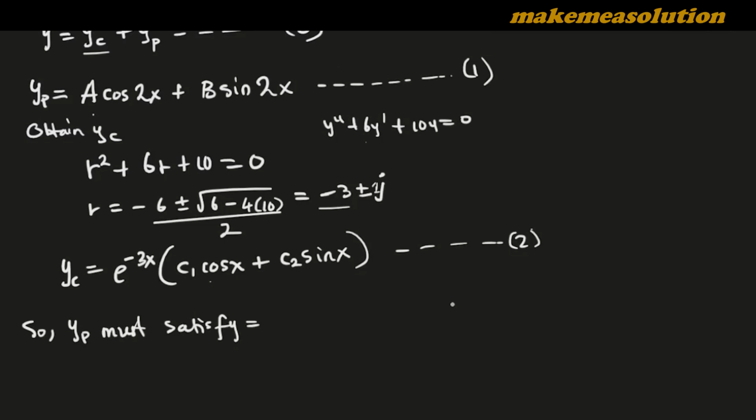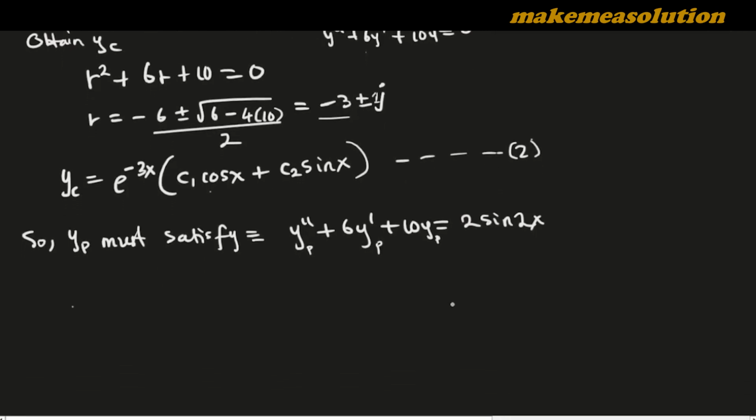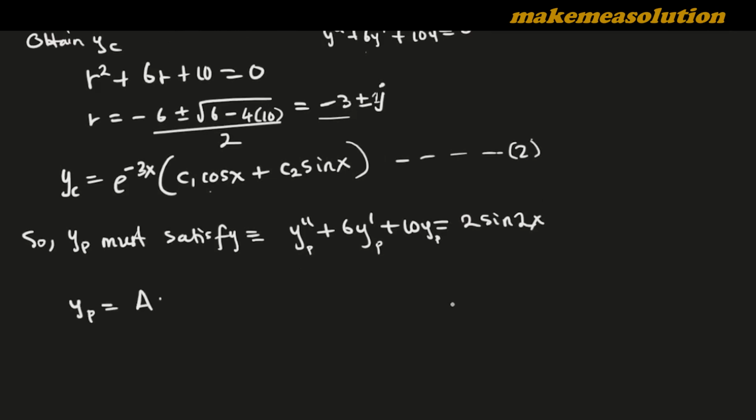So yp must satisfy the differential equation y prime prime plus 6y prime plus 10y is equal to 2 sine 2x. In other words, yp prime prime plus 6yp prime plus 10yp should satisfy 2 sine 2x. So we need to obtain yp prime and yp prime prime. My yp is already given as a cos 2x plus b sine 2x.